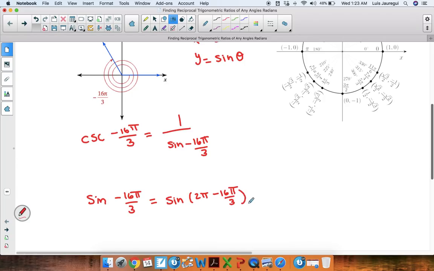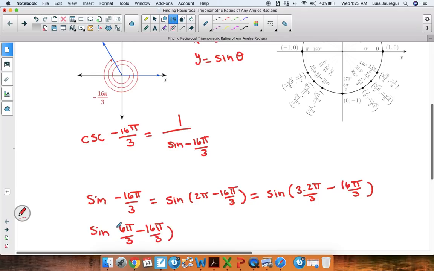Looking at the common denominator, we can rewrite this as sine of 3 times 2 pi over 3 minus 16 pi over 3. And this happens to be sine of 6 pi over 3 minus 16 pi over 3. So this is just sine of negative 10 pi over 3.